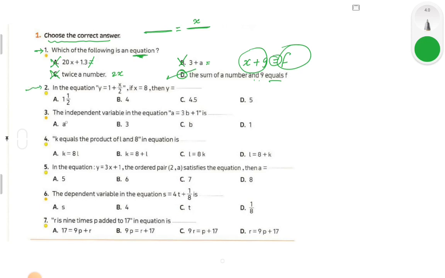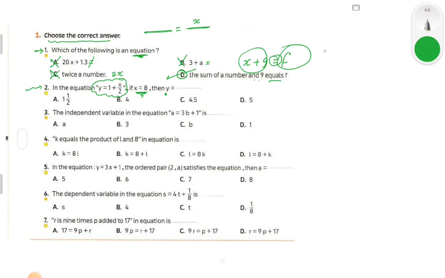Point number 2. In the equation y equals 1 plus x over 2, if x equals 8, then y equals what? So I have an equation like that and substitute x equals 8. Then I will find the value of y.